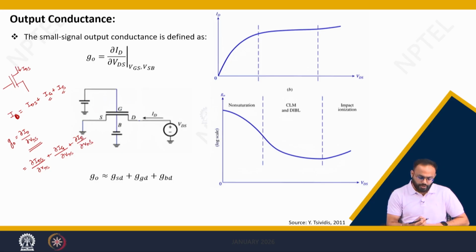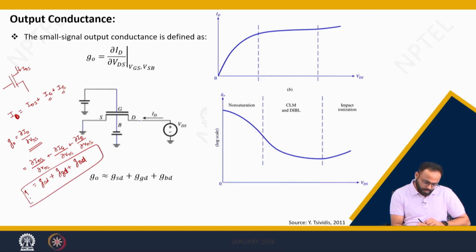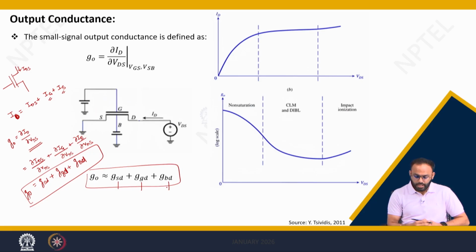Following the superposition theorem, this is nothing but GSD plus GGD plus GBD. So, the overall conductance can be given by GSD plus GGD plus GBD, right.